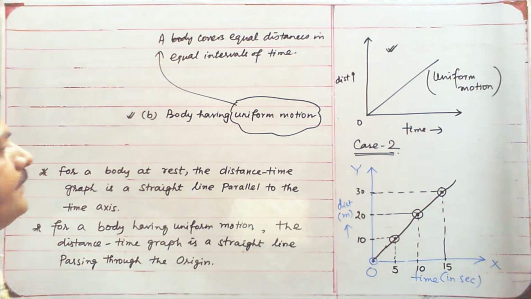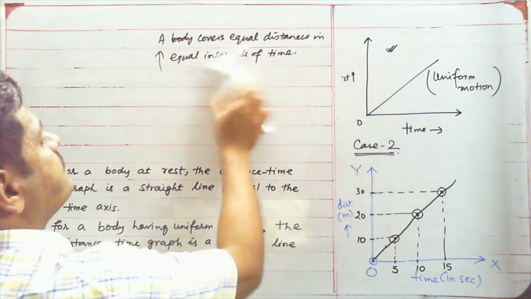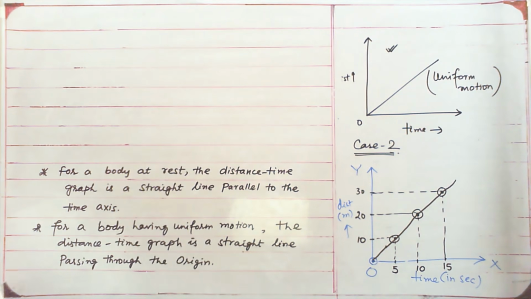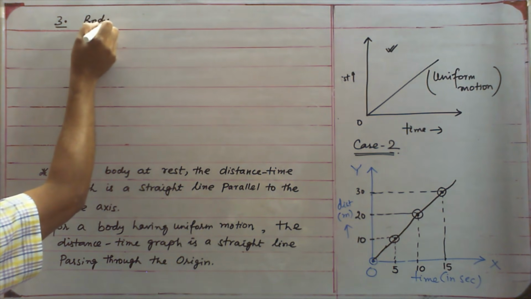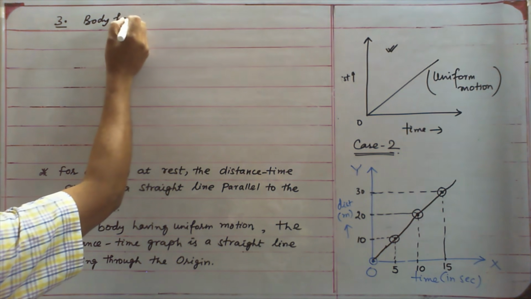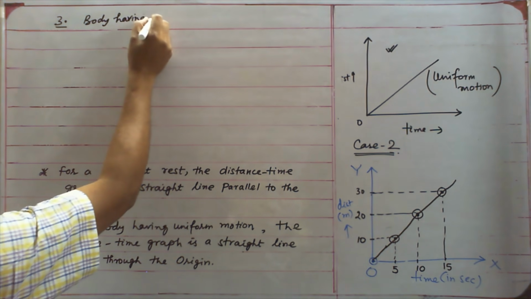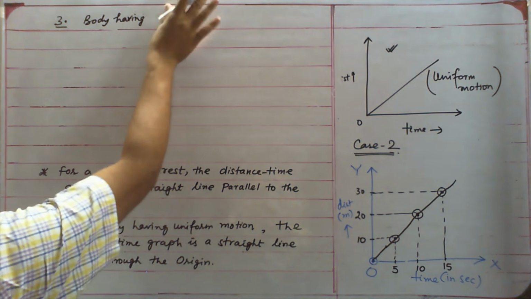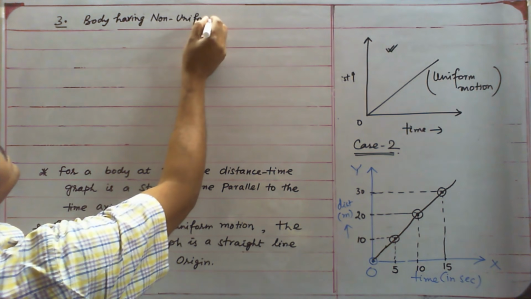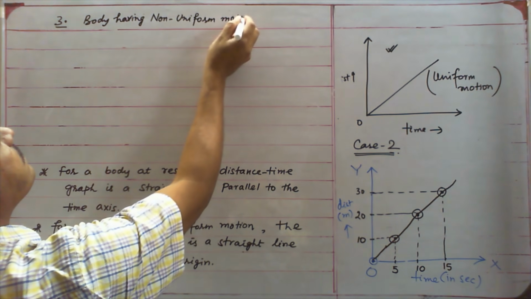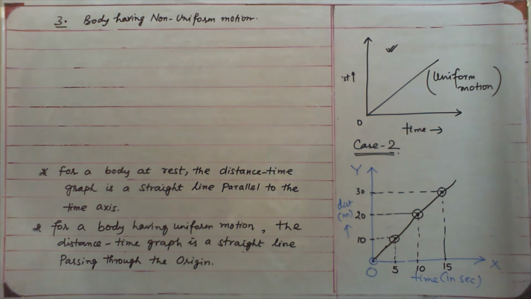Okay, so the third case is a body having a non-uniform motion.